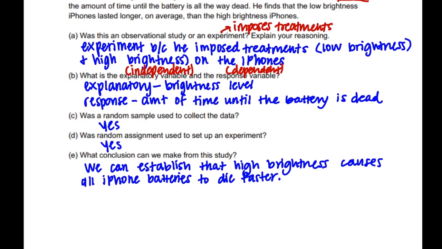Now, this is why we have the random condition. And so remember, I'm gonna remind you of why we even check the random condition. We wanna be able to do one of these two things with every inference procedure that we do. And so a random sample means that we can infer about the population.